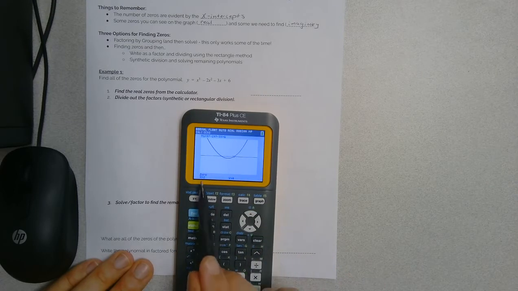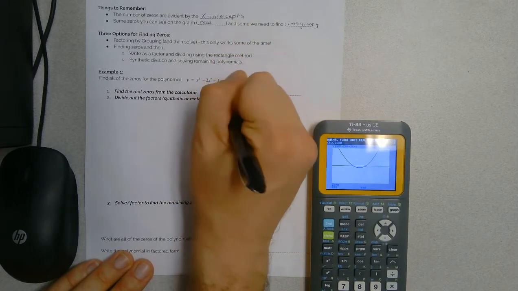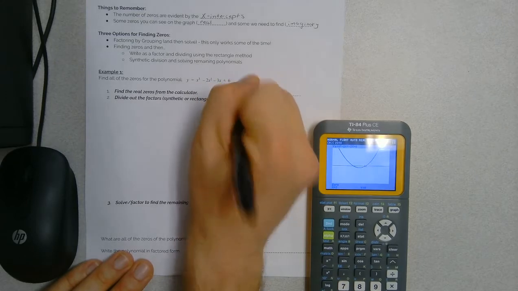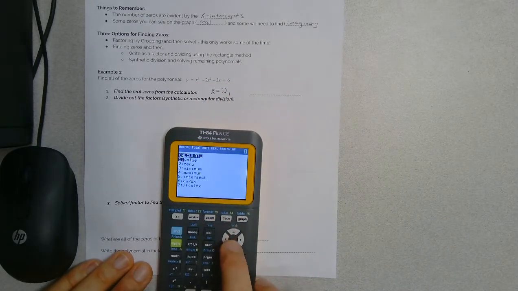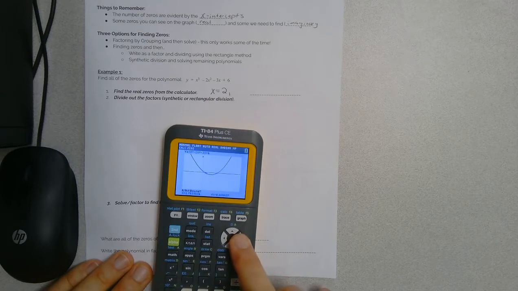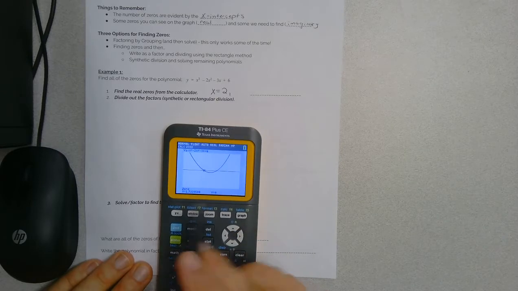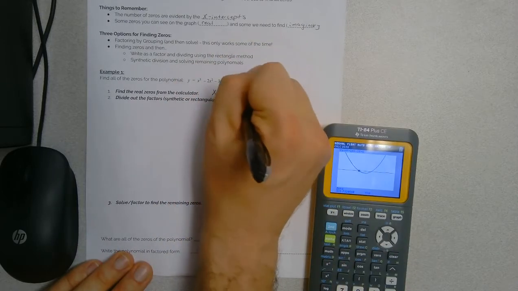And then we see the first zero is x equals 2. And then we have x is about 1.73.